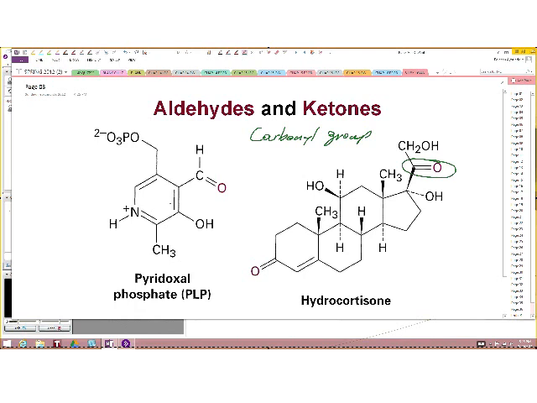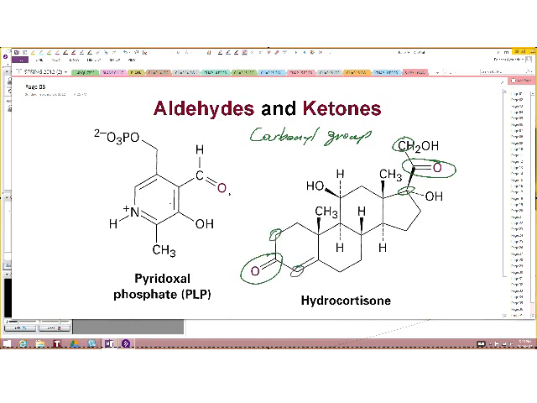The carbonyl carbon of a ketone is attached to two carbon atoms. Here, you have a carbon here and another carbon here. And that is what will make a ketone. In other words, a carbonyl that is attached to two carbon atoms. This part of the molecule also gives us an example of a ketone. You have the carbonyl here, carbon here, and carbon here.